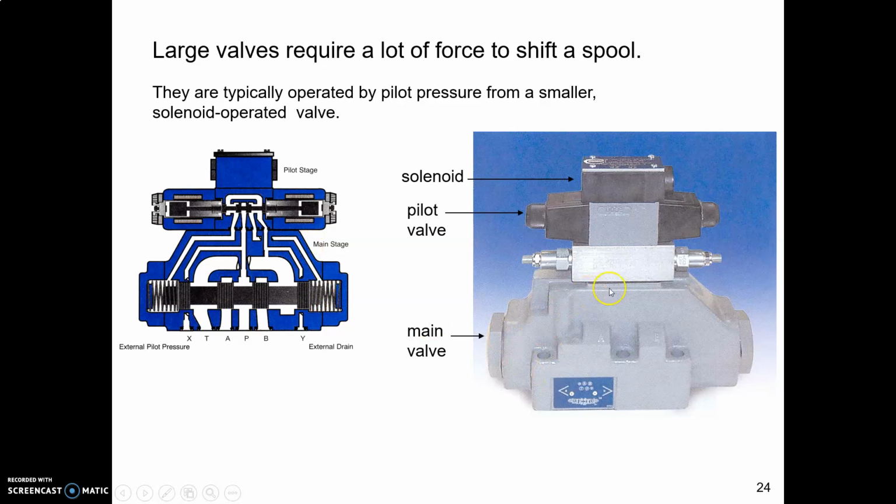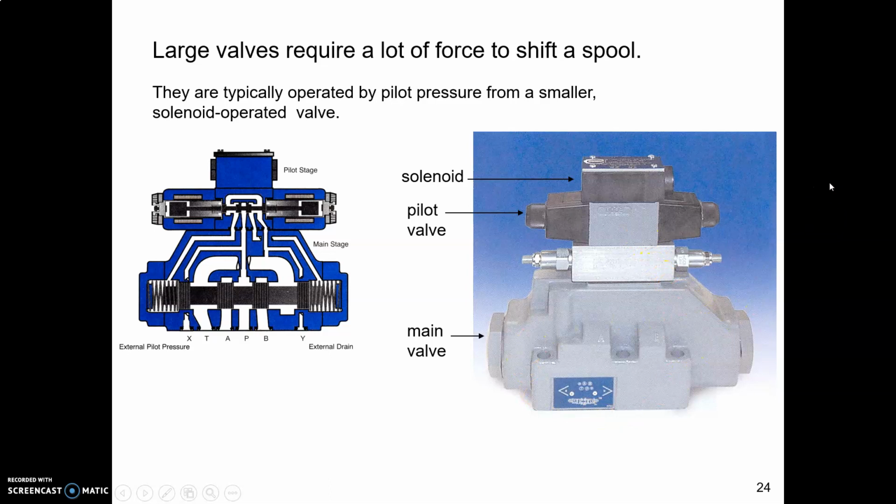Anyhow, with a big valve like this one in the picture, if you just put a little solenoid on there, you would probably not have enough force to shift that valve. So what you do is you add a smaller valve, and that smaller valve is called a pilot valve. So the solenoid shifts the pilot valve, and the pilot valve has enough force to be able to shift the big valve.